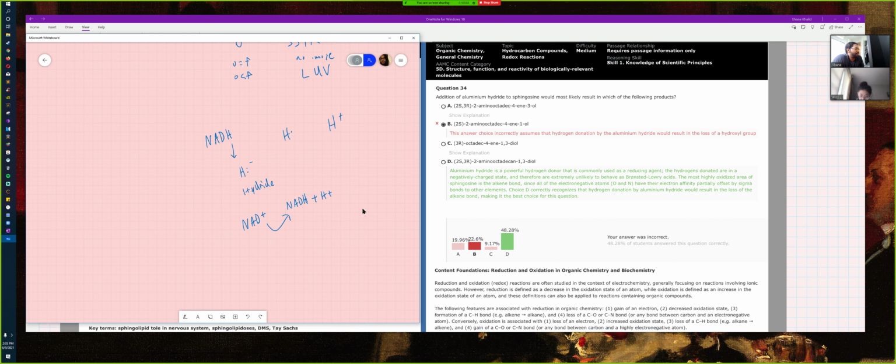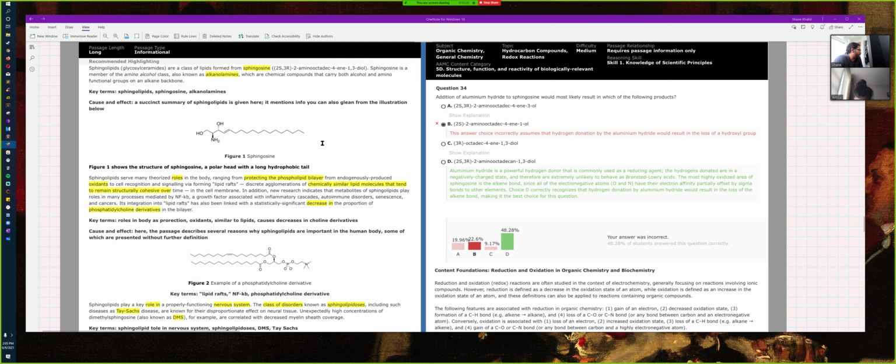Okay, I see. So, addition of aluminum hydride to sphingosine would most likely result in which of the following products? All right, so there's a lot going on here. Let's see what they say about what happens when you add stuff to this stuff.